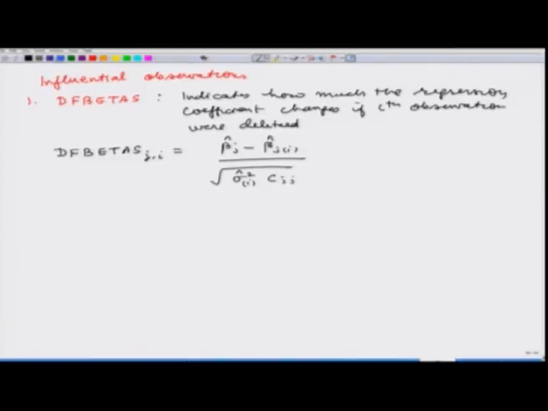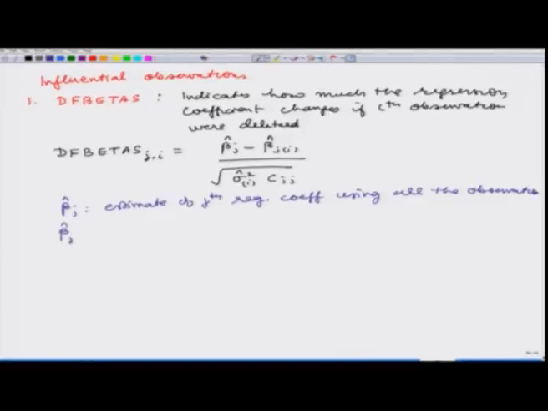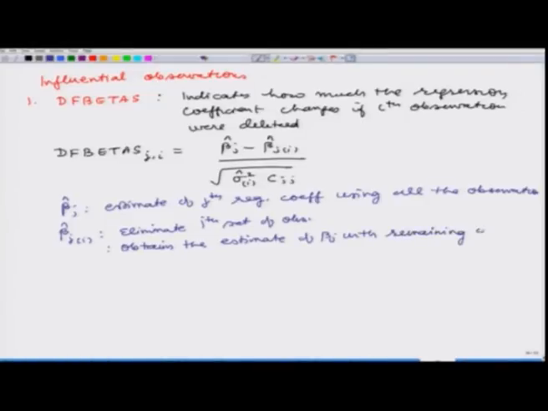Here beta hat j is the estimate of the jth regression coefficient using all the observations, and beta hat j(i) is obtained by eliminating the ith observation and obtaining the estimate of beta j with the remaining observations.